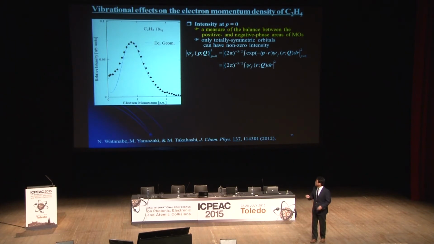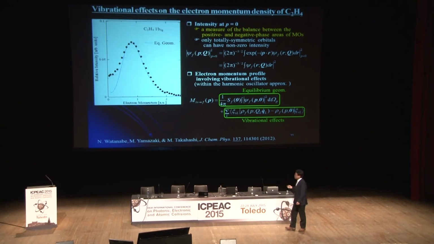This is because the intensity at the momentum origin is a measure of the balance between the positive and negative phase areas of molecular orbital wave functions, and hence only totally symmetric orbitals can have non-zero intensity. The observed difference between experiment and theory is due to the effect of molecular vibrations.